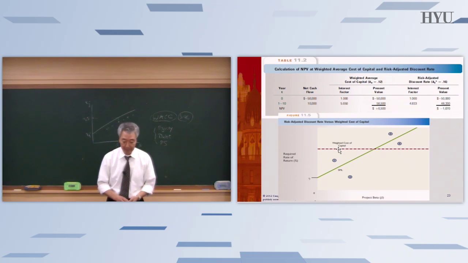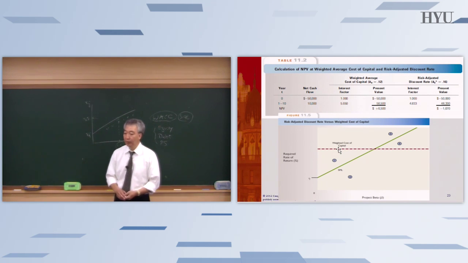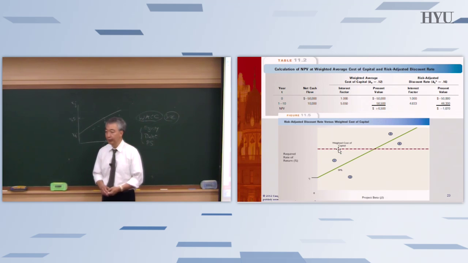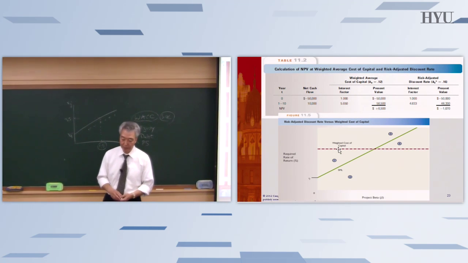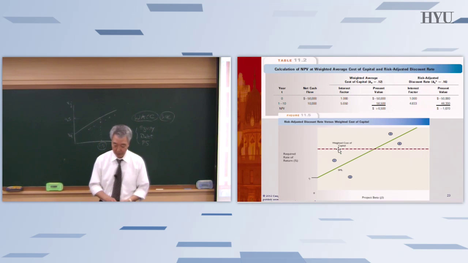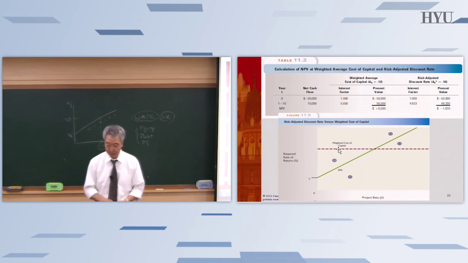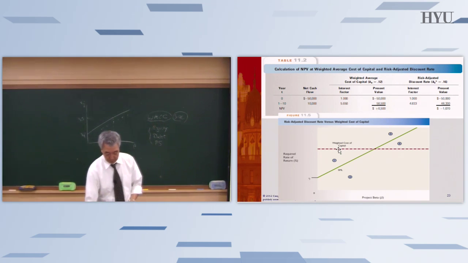But if you consider risk into your evaluation of the project and use this security market line concept, then projects 1 and 3 should be accepted, and 2 and 4 should be rejected.